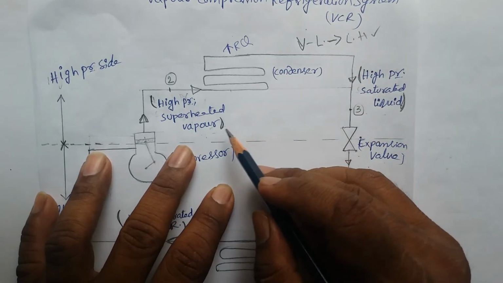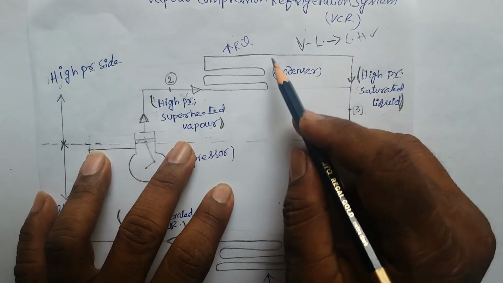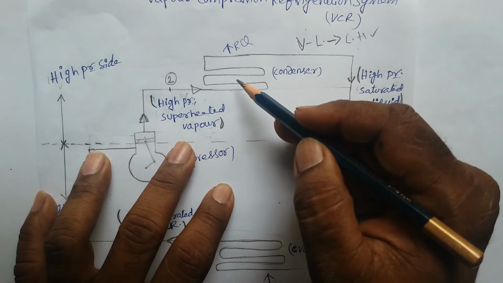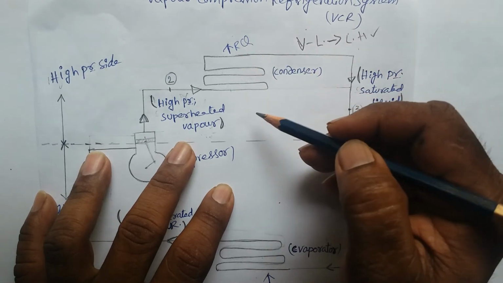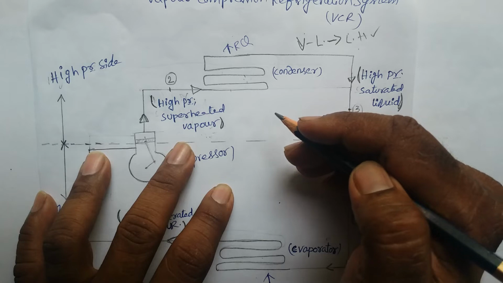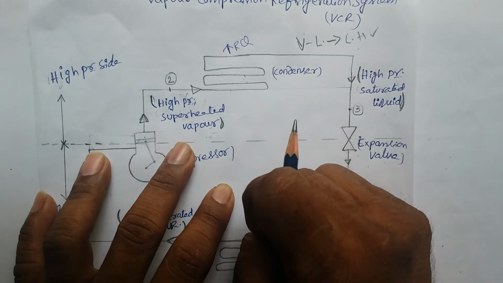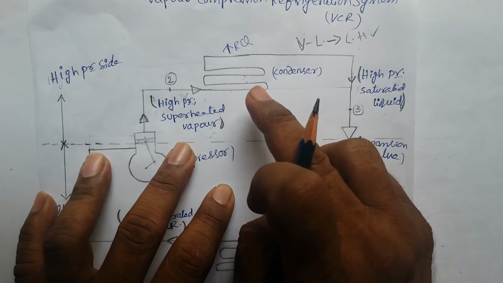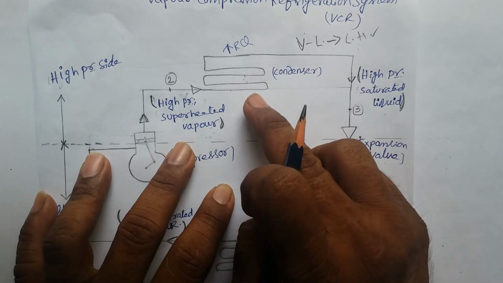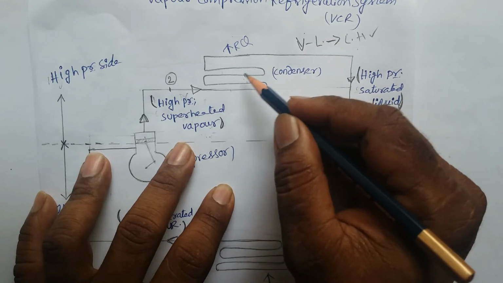Any phase change of a liquid involves latent heat. So the latent heat of the refrigerant is given out to the surroundings through the cooling media, air or water. So latent heat transfer occurs here. The heat rejected by the condenser is equal to the latent heat of the refrigerant.